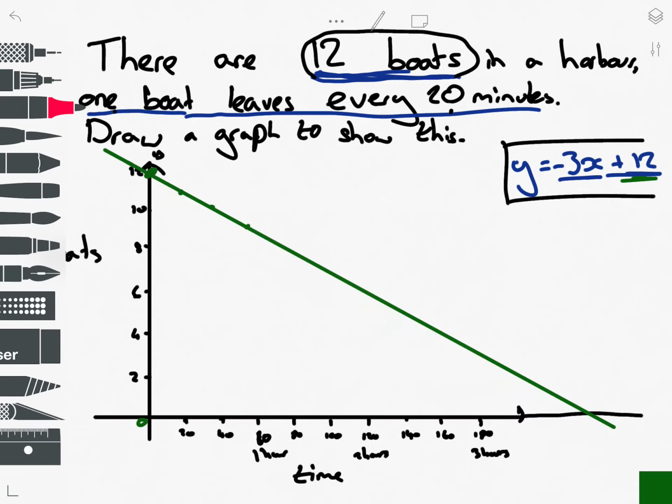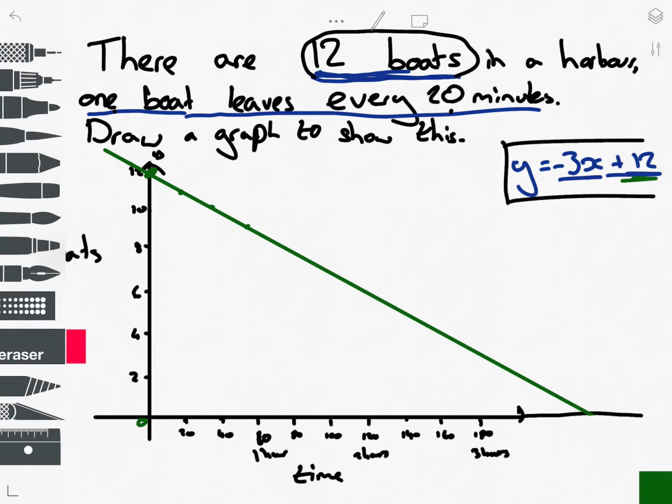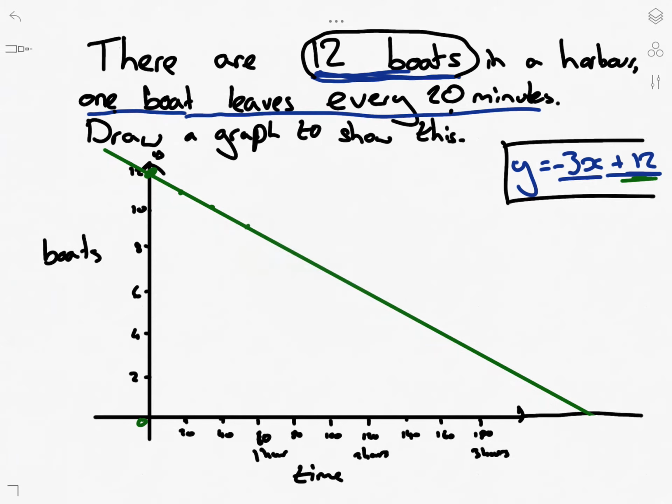I shouldn't extend it past on this one because it doesn't make sense to have negative boats like I was talking about. But going back on this side over here, it's okay because we can sort of predict what was happening in the past.